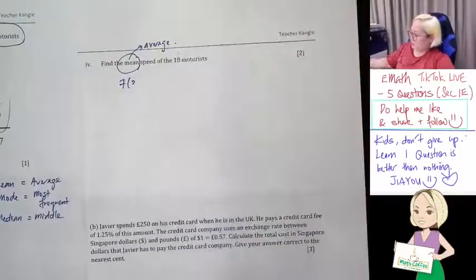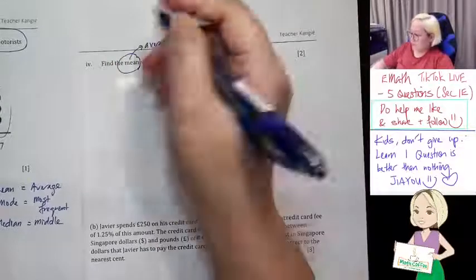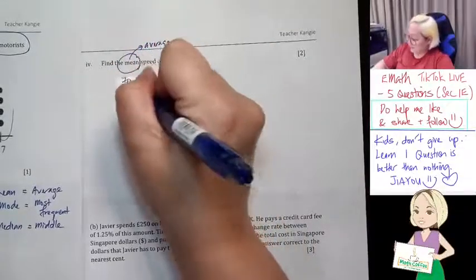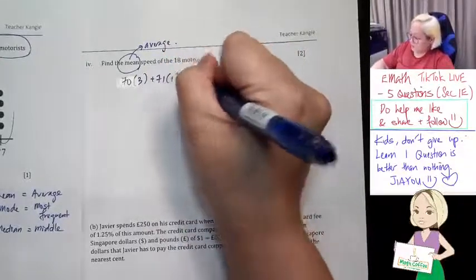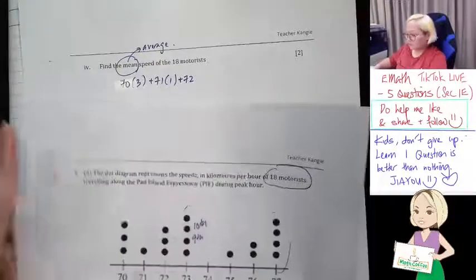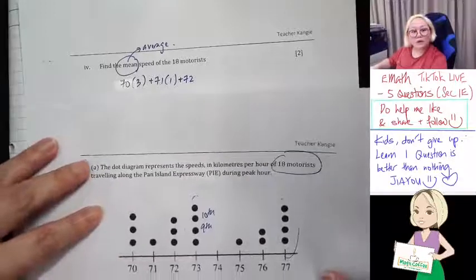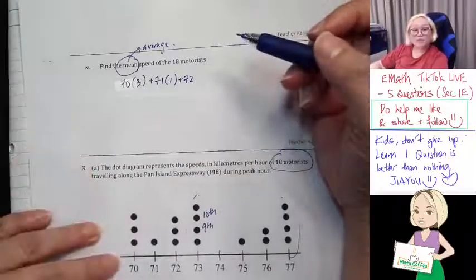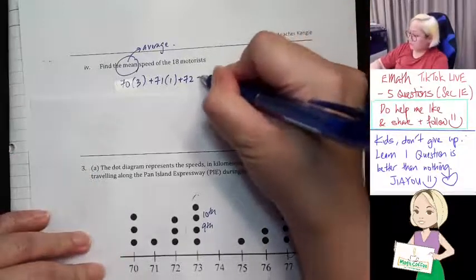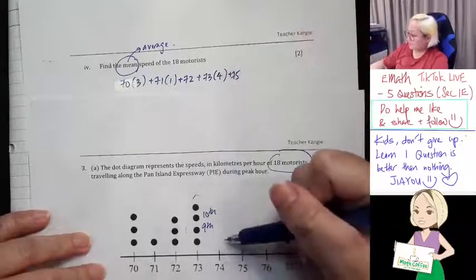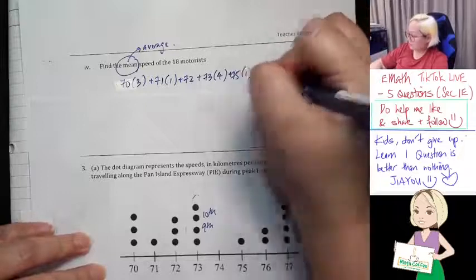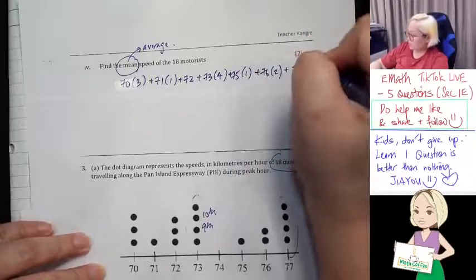70, I forgot to put my 0. I have 70 data, I got 3 of it. 71, I got 1 of it. 72, see here. Okay, in case some students want to count together with me. 73, I got 4 data. 74, no need to put, 74 times 0 is 0, don't waste your time. 75 is 1, 76 is 2, 77 is 4 data.